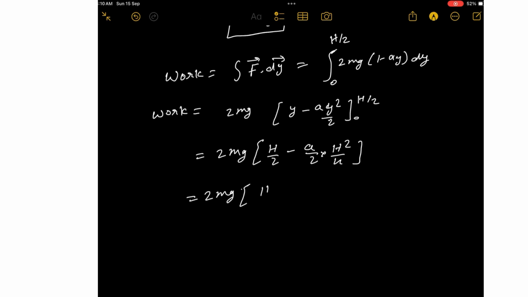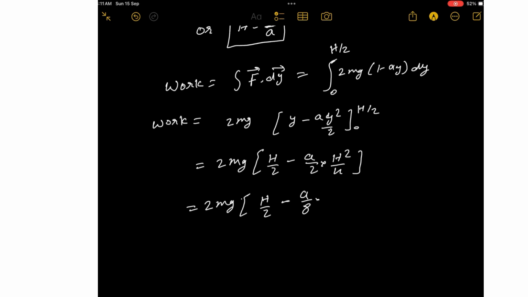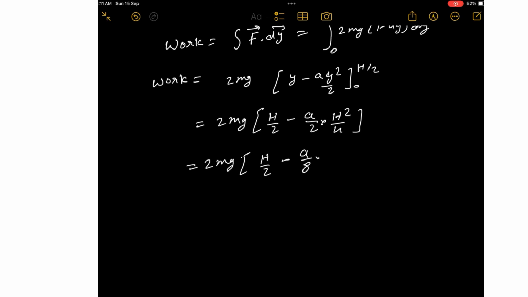Solving this, we will get 2mg, h by 2 minus a by 4, 2 fours are 8, and h square, we know the value of h is 1 by a, so it will become 1 by a square. Now you can solve this. 2mg, and the value of h is 1 by a, so we'll put h equal to 1 by a here. So what we are getting is 1 by 2a and 1 by 8a.